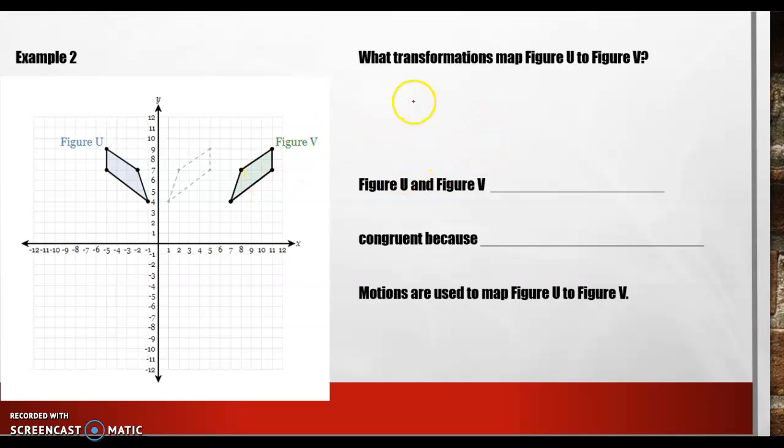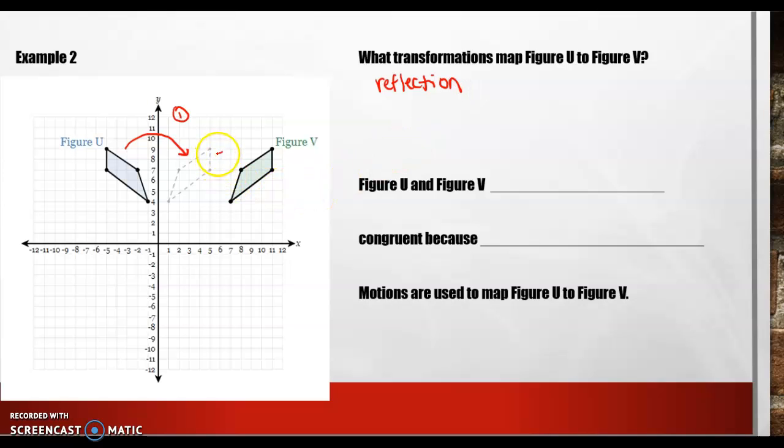In example 2, I have figure U and then figure V. So what transformations map figure U to figure V? Well, the first thing I had to do was step 1, and step 1 was a reflection. I reflected it over the y-axis.